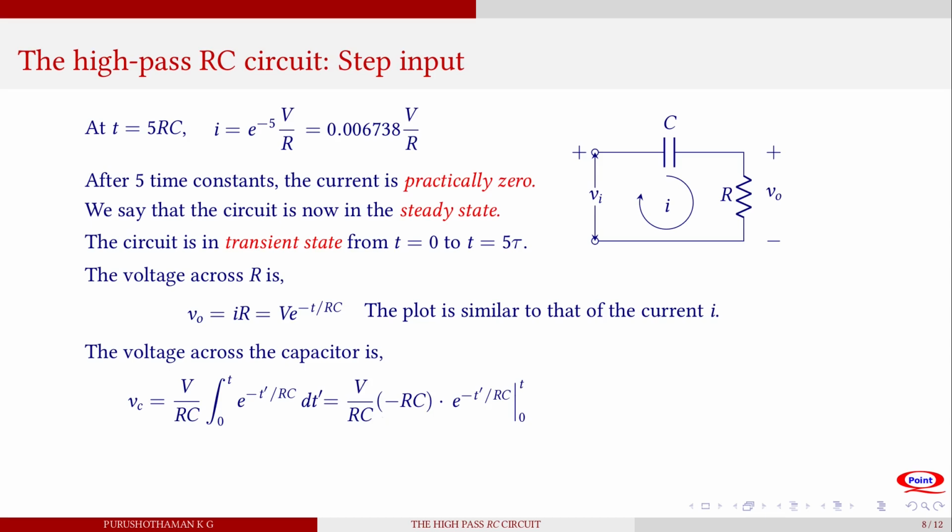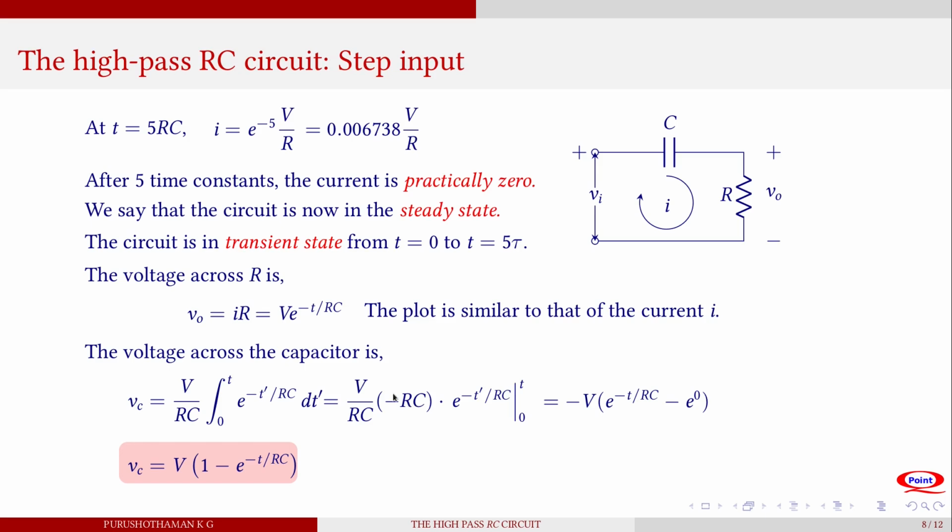So integrating, what we get is V by RC into e raised to minus t dash by RC between 0 and t into minus RC. So simplifying, you will get Vc equal to V into 1 minus e raised to minus t by RC.